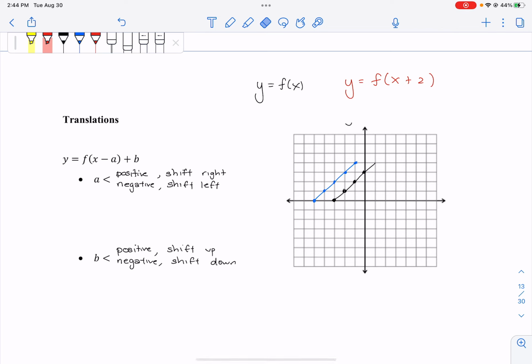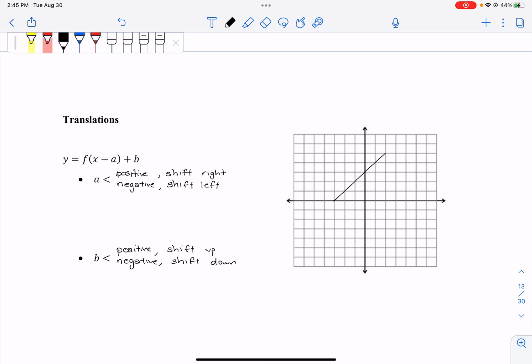We can do the same thing now that we have the b. So let me do my original function here again. Okay, I'm just trying to do this as best as I can. There. Yeah, it seems pretty straight to me over here.